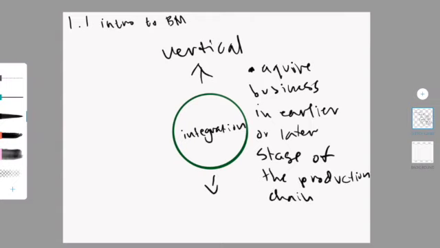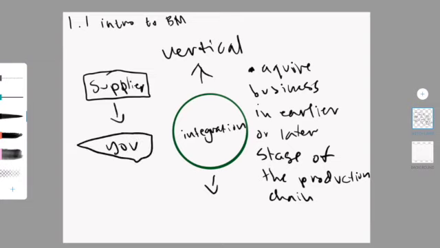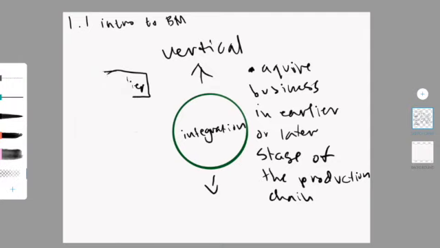So for instance, if you make shoes, but you purchase Stadium or Intersport or whatever the stores are called, so that you have the stores to actually sell the shoes. I don't know why I wrote wholesaler here. That was not what I meant to say. But yes, essentially getting someone that's in front of you in the process.